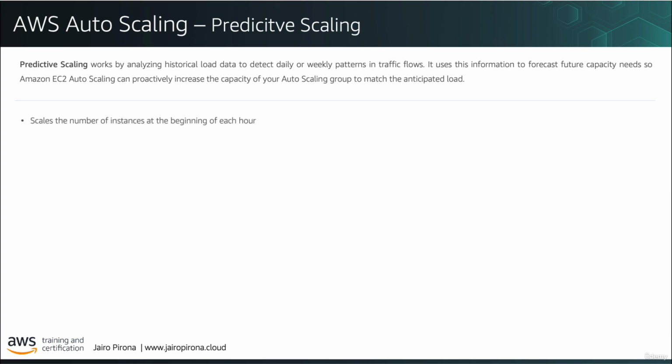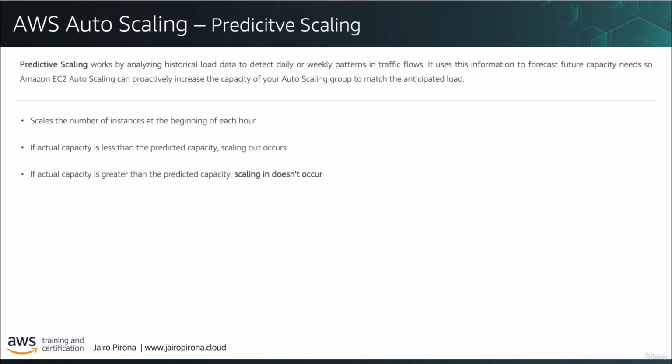Finally, please note that the predictive scaling policy scales instances at the beginning of each hour. If your actual capacity, that is the number of instances currently in use, is less than the predicted capacity, a scale-out occurs. That is, more instances are added. If your actual capacity exceeds your predicted capacity, that is, you have more instances than you need, no scaling occurs.